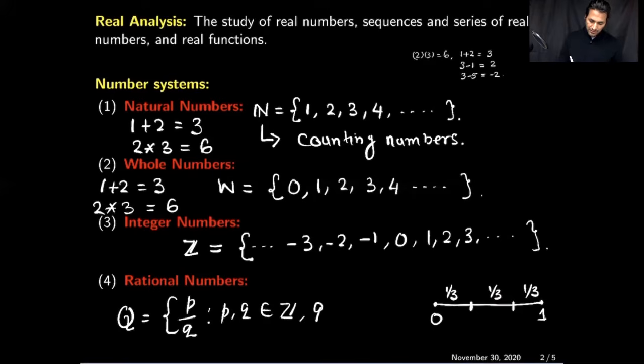And here we need q to not be equal to 0, because mostly this number system is used for dividing objects among a certain number of people, and we don't want to divide something among 0 people. So 0 was not included in the denominator in this number system. This number system was really helpful when you need to measure a certain object or the length of a certain object.